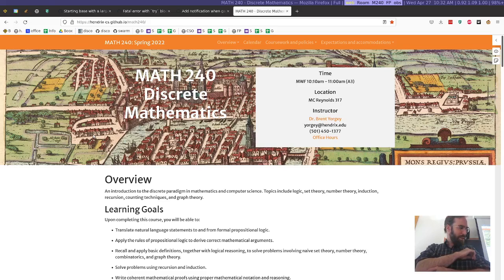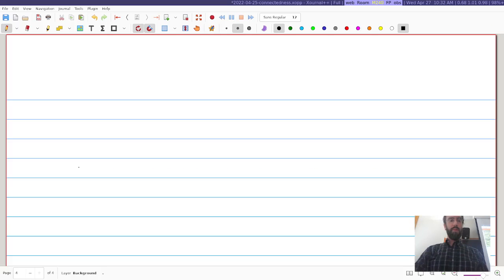Starts with a P. St. Petersburg, Russia. But Königsberg had some rivers that go through it. Let's see if we can draw this.